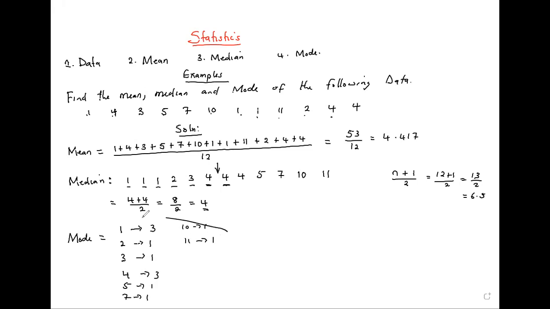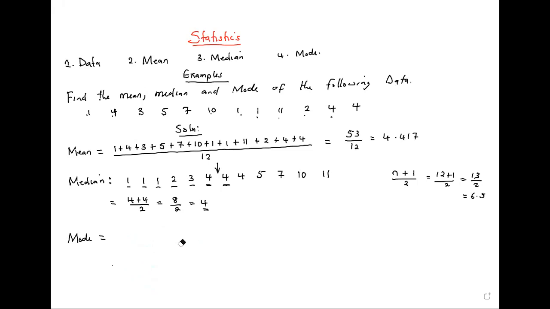You don't have to do all these things. You just check. Okay? I was just trying to illustrate. So you just check which number appears more than the other. You notice that 1 and 4 have got the same frequency and it's the highest.